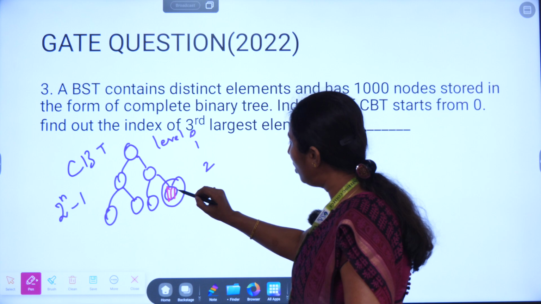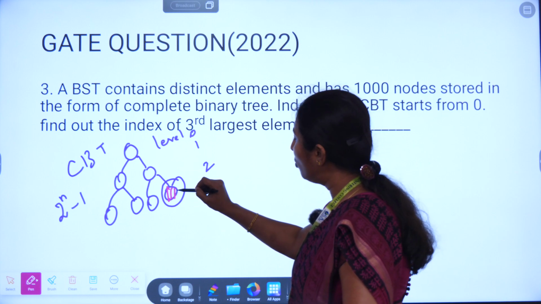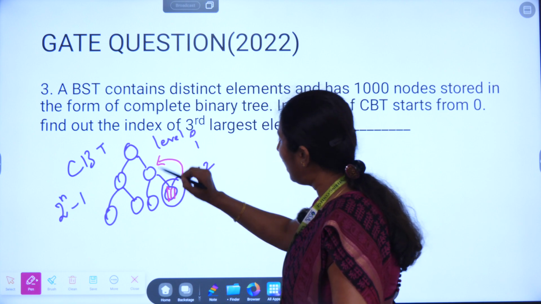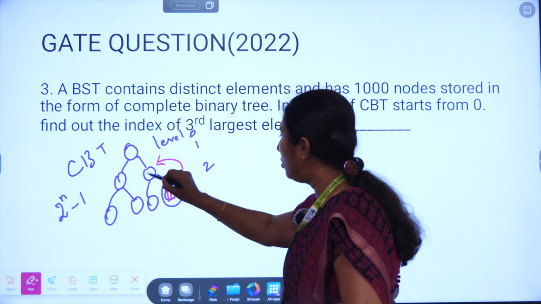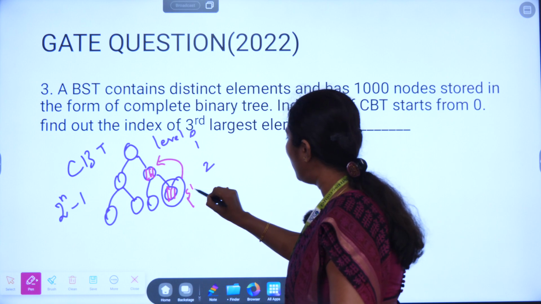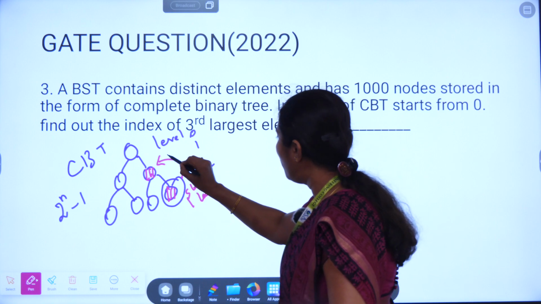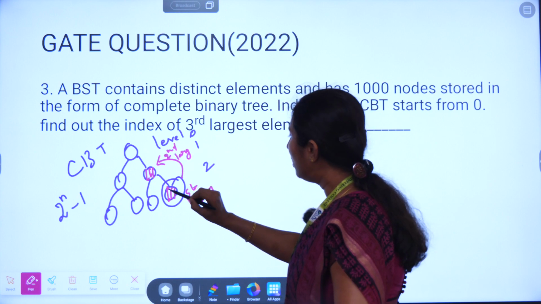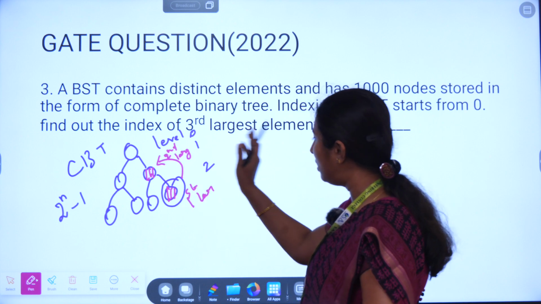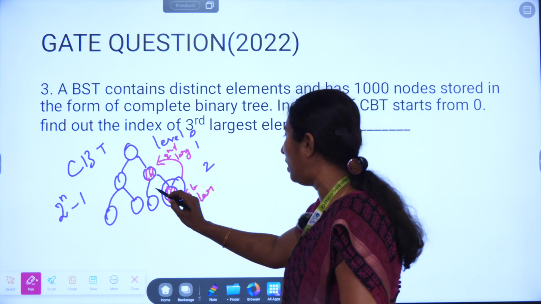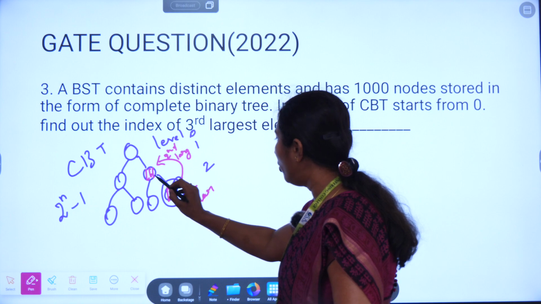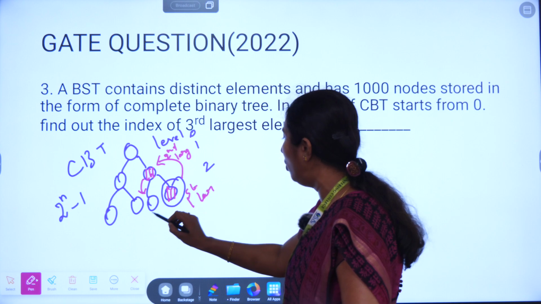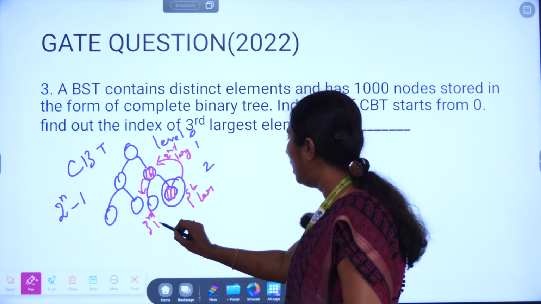If we need to know the second largest element, we go to the previous level, so this will be the second largest element of the tree. Since they have asked for the third largest element, we traverse over here, and this particular node will be the third largest element.